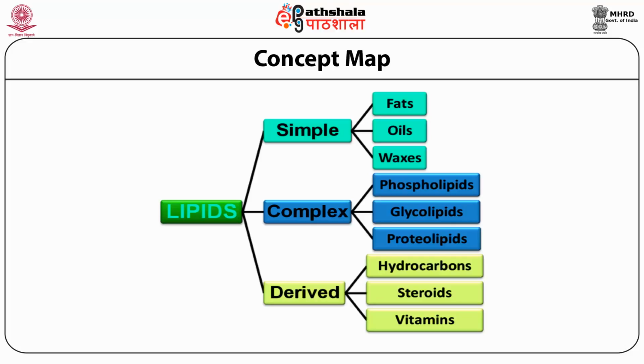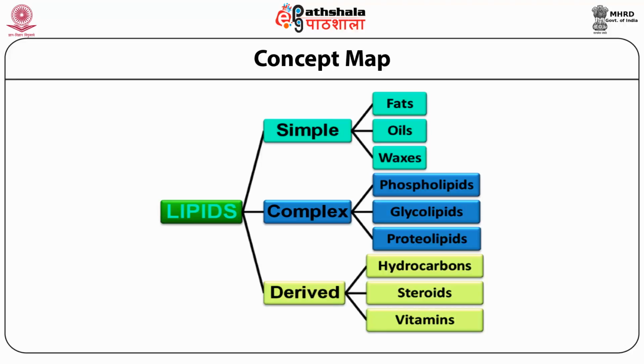The simple lipids, including the fats, the oils, and the waxes, have already been explained in the previous modules. The complex lipids, which include the phospholipids, glycolipids, and proteolipids, have been discussed herein.